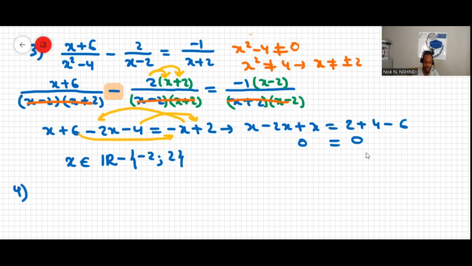When we have something like 0 equal to 0, it implies that it's all real numbers, but because we have a restriction, we need to take those out of the solution. So the solution is x is all real numbers except -2 and 2.